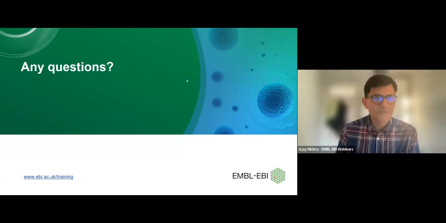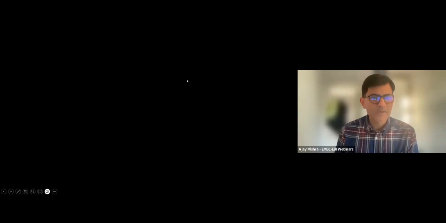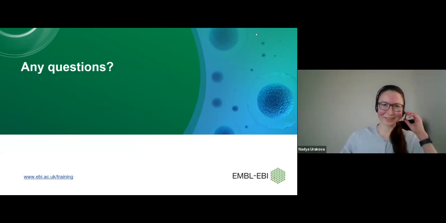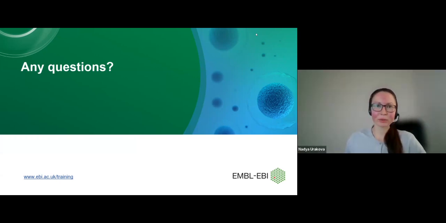We have a few questions already in the Q&A. How are entries prioritized for manual curation? I guess this question is for me. Entries are taken based on the current projects, and as you can understand, this is a very big database.